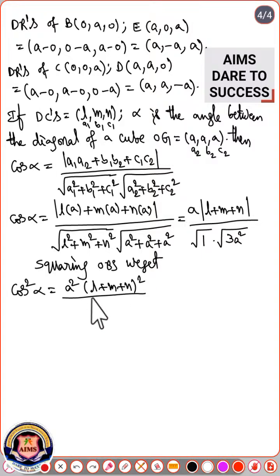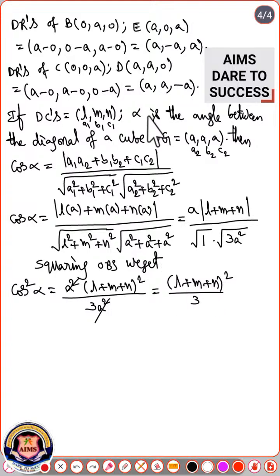Root 3 whole square means the square root gets cancelled, only 3A square. My dears, A square and A square get cancelled. The remaining value is L plus M plus N whole square by 3. This is cos square alpha.